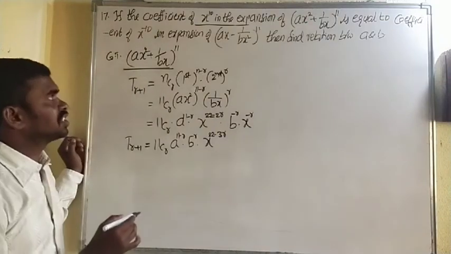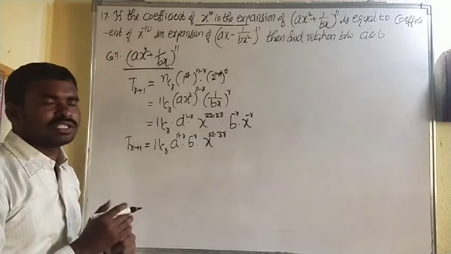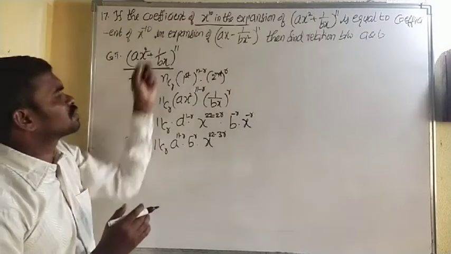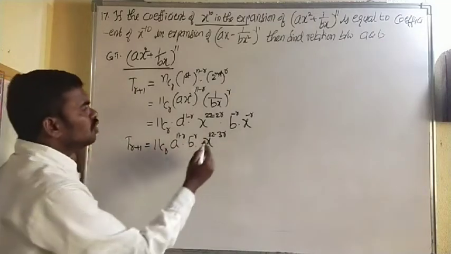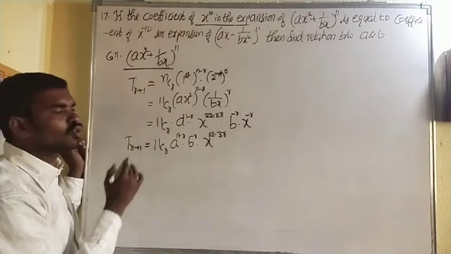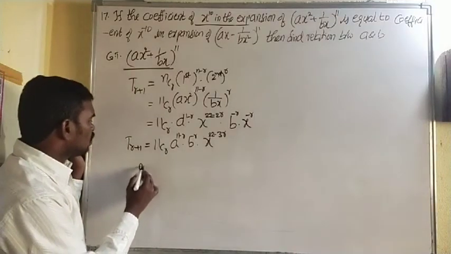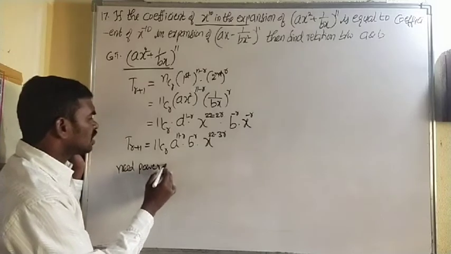But we want the coefficient of x^10. Am I right? Which term do we want? The coefficient of x^10. But this is the x^(22-3r) term. So we need the power to be 10.